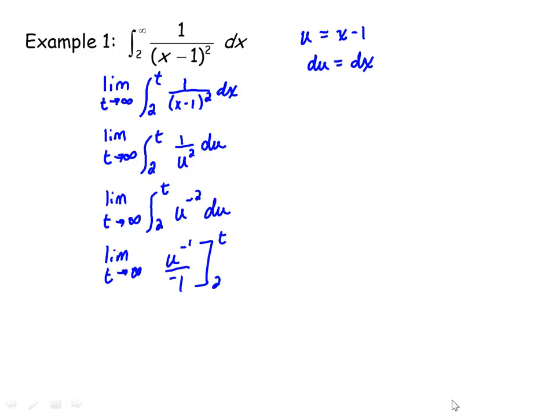Now, like we talked about earlier, you can either change your boundaries in terms of u, but I think for these purposes, it's easier just to go ahead and put u back in. What did we say u was? But let's go ahead and fix it, okay? We're going to have negative 1 over x minus 1, right?